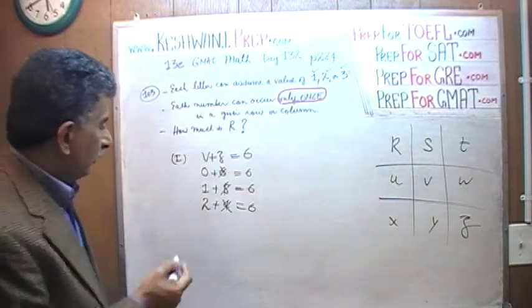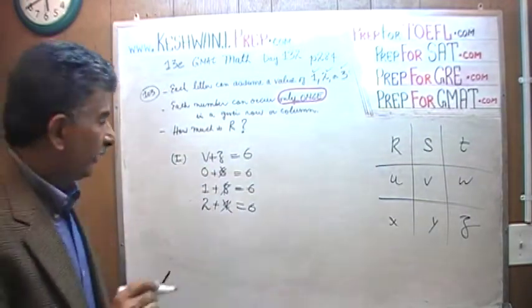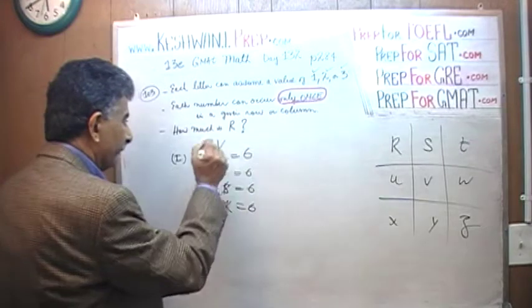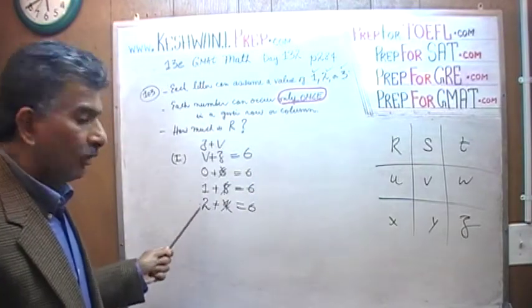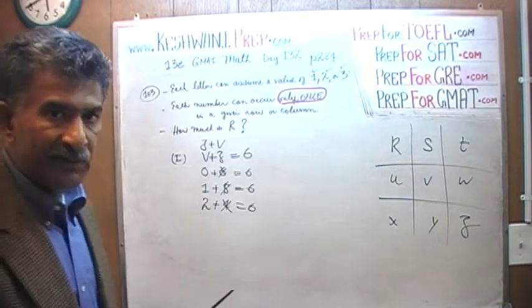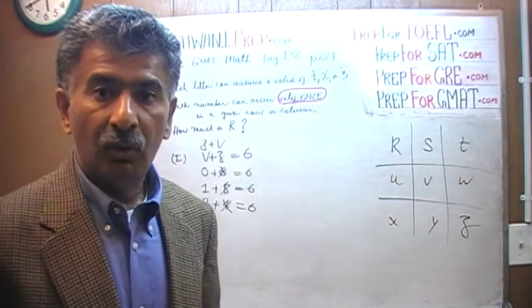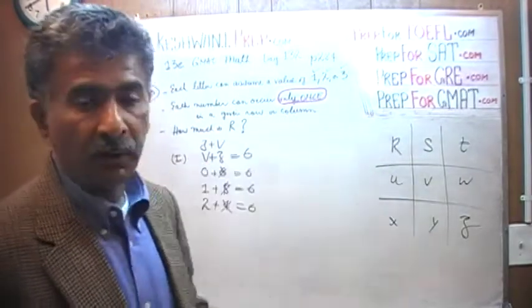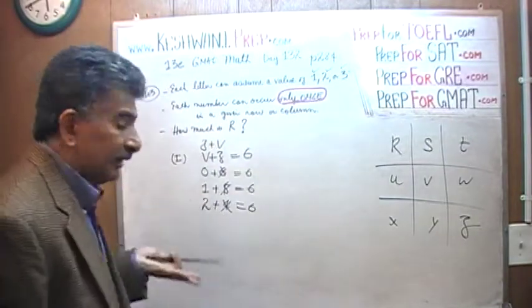Now, when it says V plus Z, this is no different than Z plus V, which means that neither Z nor V can be 1 or 2. Because if either Z or V is 1 or 2, the other one will end up being 5 or 4. We are not allowed 5 and a 4. They can only go up to 3, which means the only possible values for Z and V are 3.